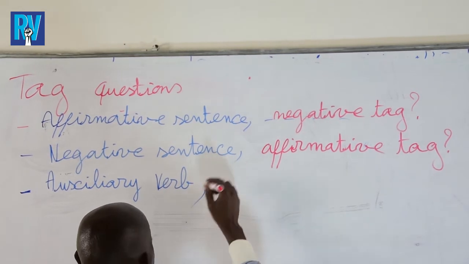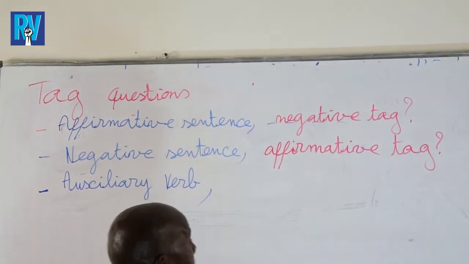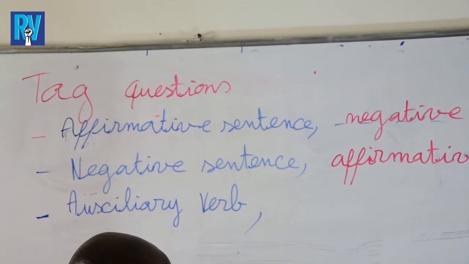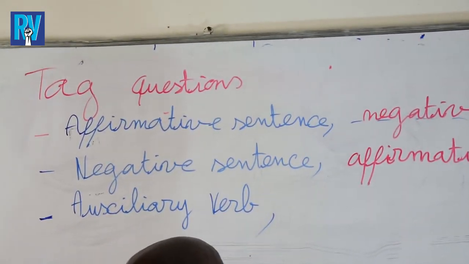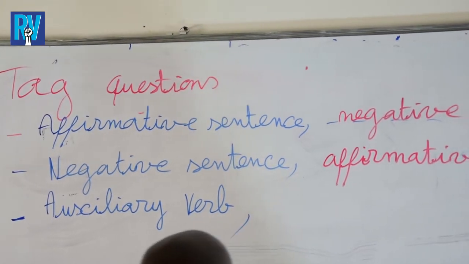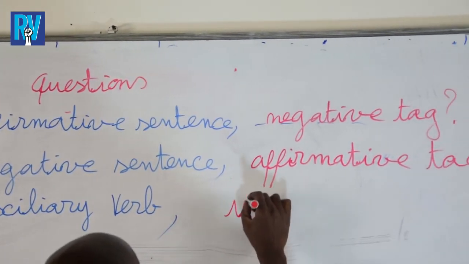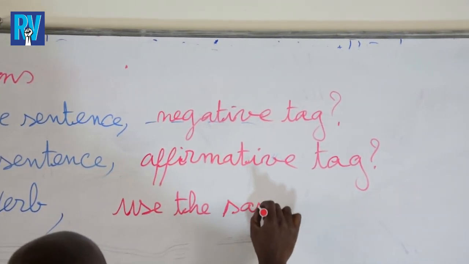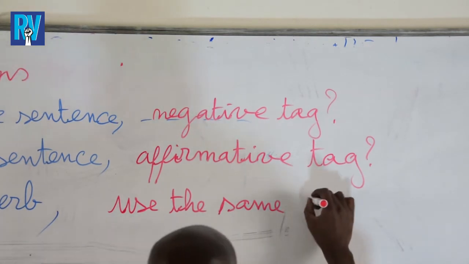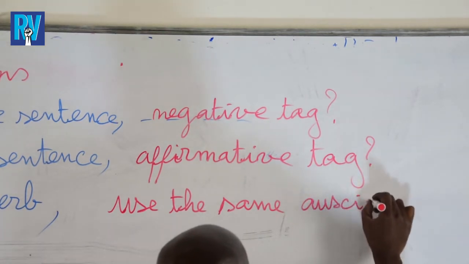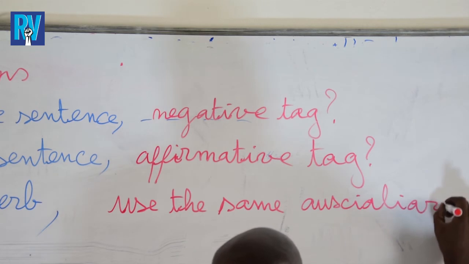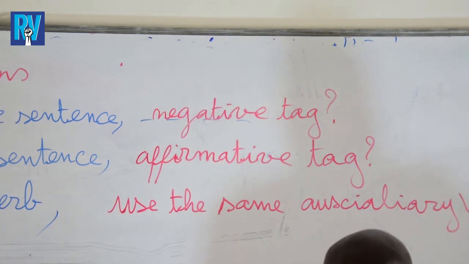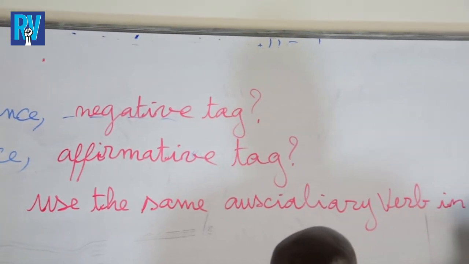Okay. Whenever you have has, or had, or you have, is, am, are, was, were, you have to use the same verb in the tag.